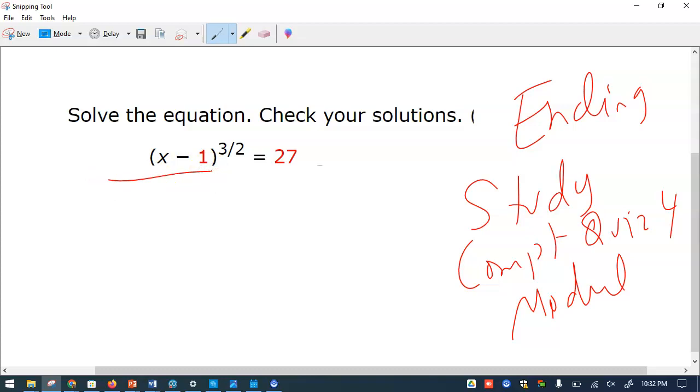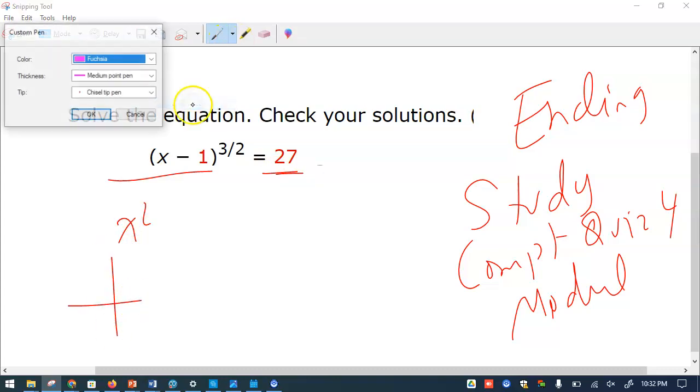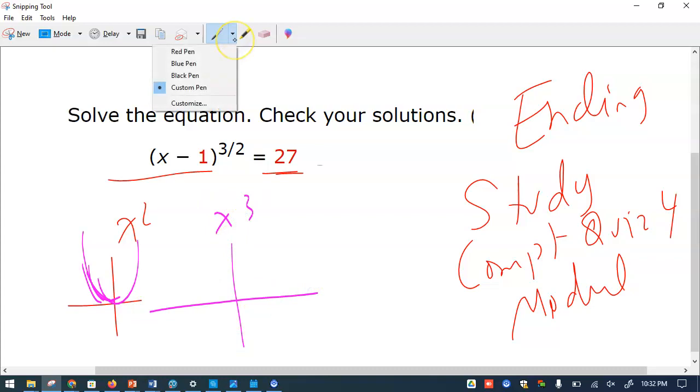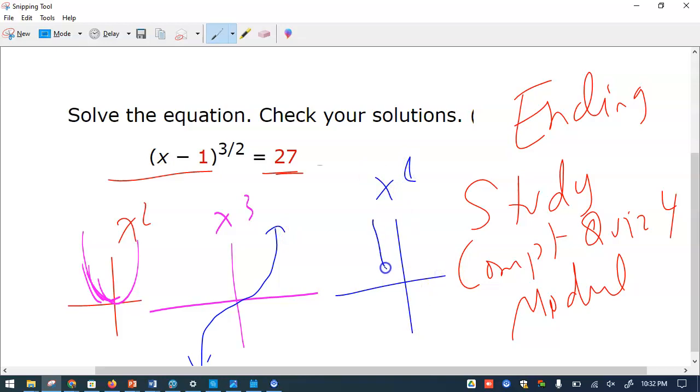Again, I want to repeat, remember this part. If I have x squared, remember the parent function x squared, it is a parabola, concave up, opens up like this. If I have x cubed, that is something like this, the cubic function, right? If I have x raised to 4, then it goes this way, but here it flattens a little.